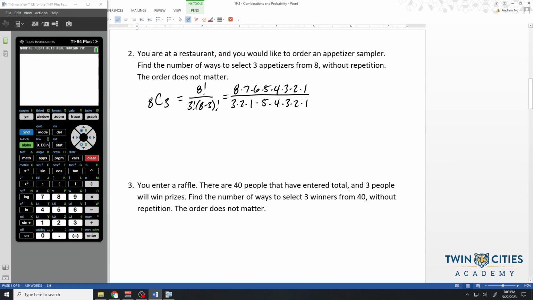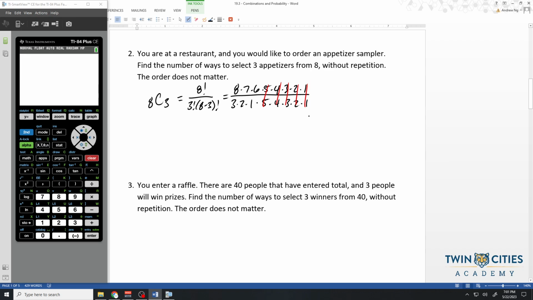Well, let's divide some things out. 5s, 4s, 3s, 2s, and 1s. And actually, I could have saved myself a little bit of time. For the top part, I could have done 8 times 7 times 6 times 5 factorial, since 5 factorial would have given me the 5, 4, 3, 2, 1, just like having the 5 factorial on the bottom. So I could have just crossed out those 5 factorials rather than writing each of these out and then dividing them out.